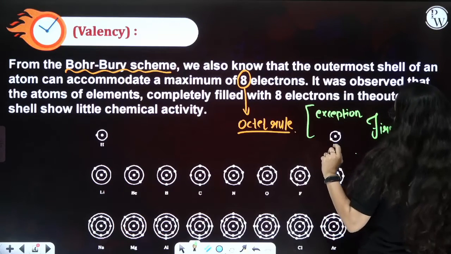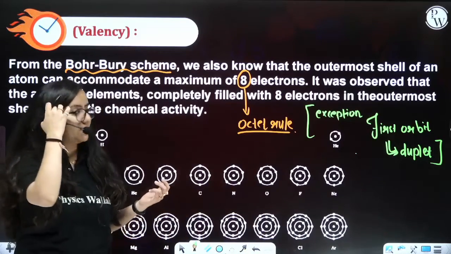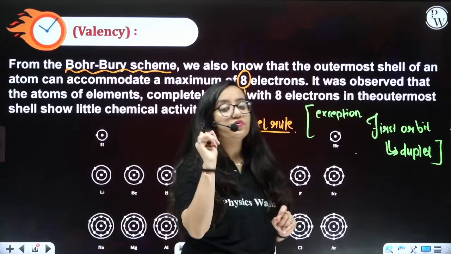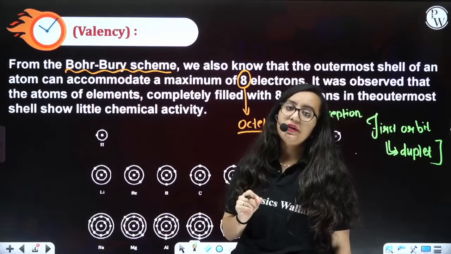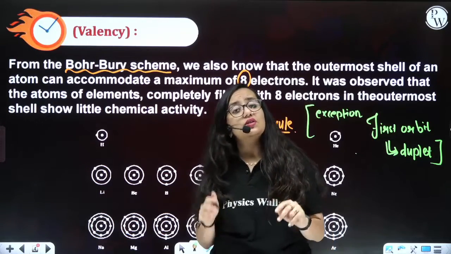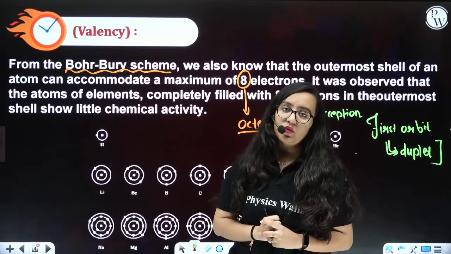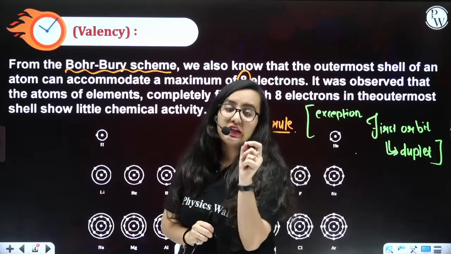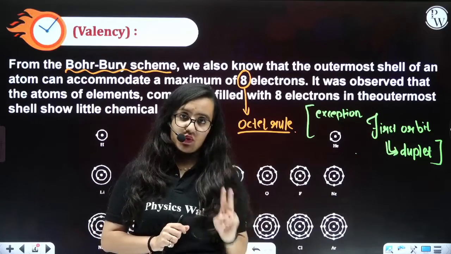Let me repeat it. The first orbit can only accommodate 2 electrons, which we have seen from the 2n square rule also. So the capacity of the first orbit is just 2 electrons.